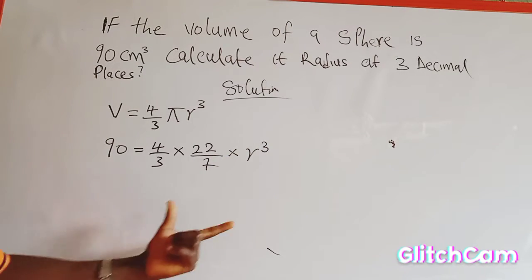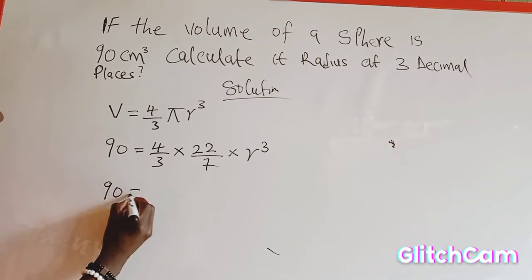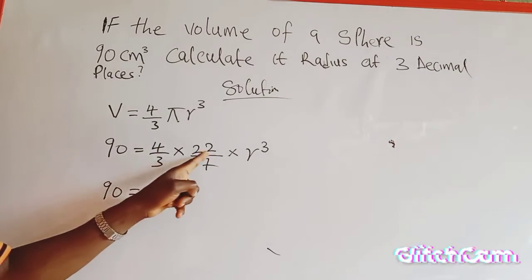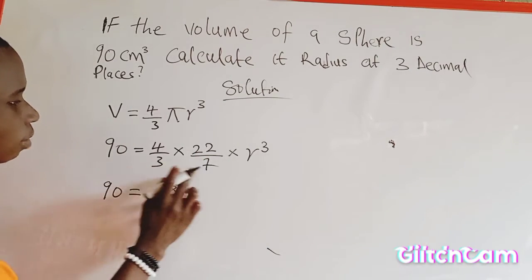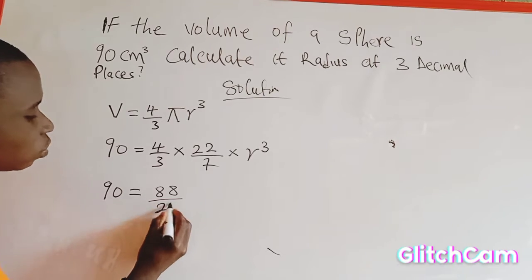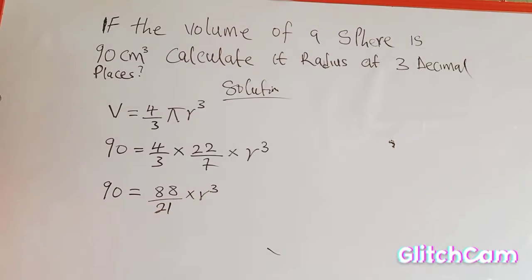From here I can go further to simplify. 19 will be equal to 4 multiplied by 22, which gives 88, then 3 multiplied by 7, which is 21, then multiplied by radius cube.